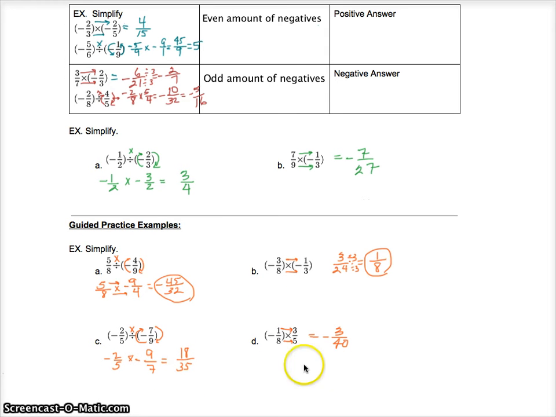And lastly, for part D, I end up multiplying straight across, so I have 1 times 3 is 3. 8 times 5 is 40 for 3/40, and I have 1 negative, so it's an odd number of negatives, so that means my answer is negative. Remember, count your number of negative values and multiply straight across, or multiply by the reciprocal and reduce when necessary.